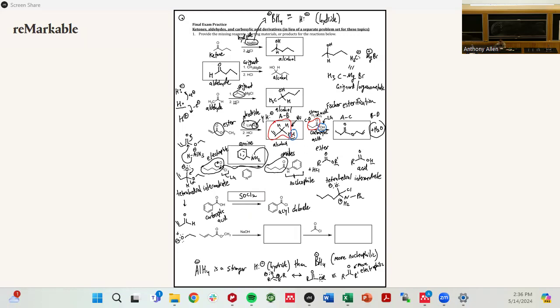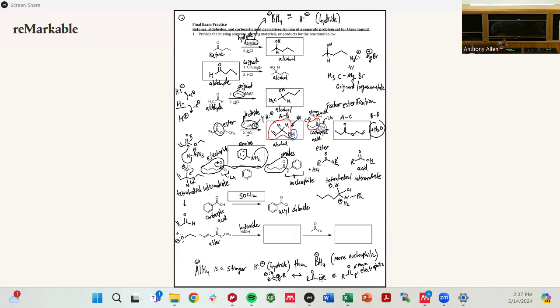Okay. So I'm going to say this page is kind of important. So let's finish it up. This is an ester and hydroxide. If you ran the soap lab, you had fatty acid esters, olive oil plus hydroxide, and you got out a soap, which is a salt of carboxylate.